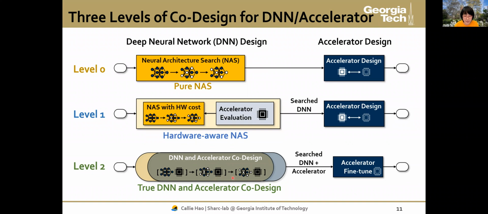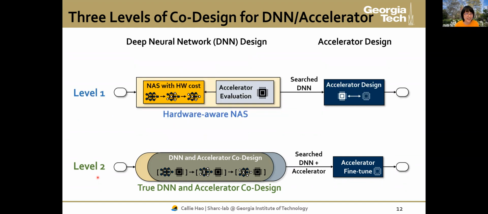And if we're still not happy, we keep searching, changing the DNN and changing the accelerator. So everything happens all at the same time. The output of this co-design is a searched DNN plus its accelerator. Then, when we're moving to the real implementation, we only need to fine tune the accelerator. So this is level 2, a smarter way of doing the co-search.